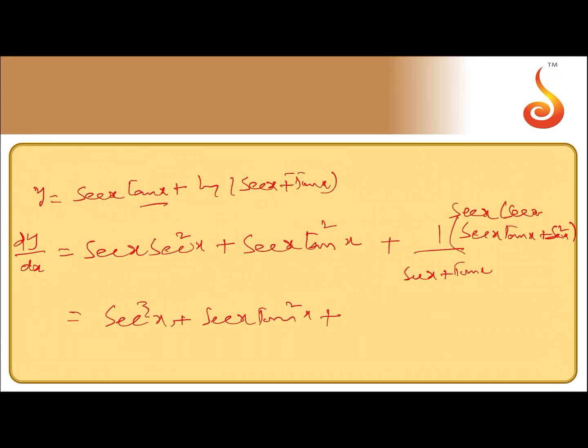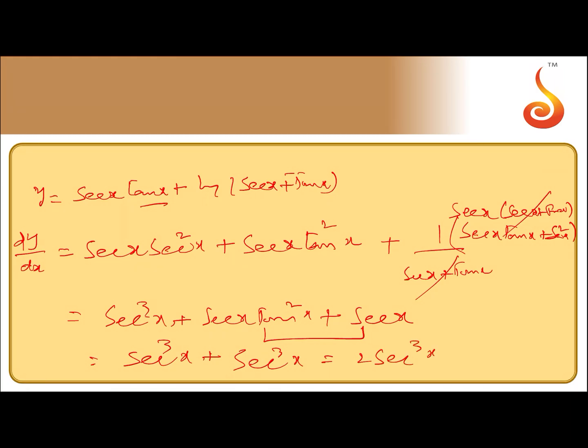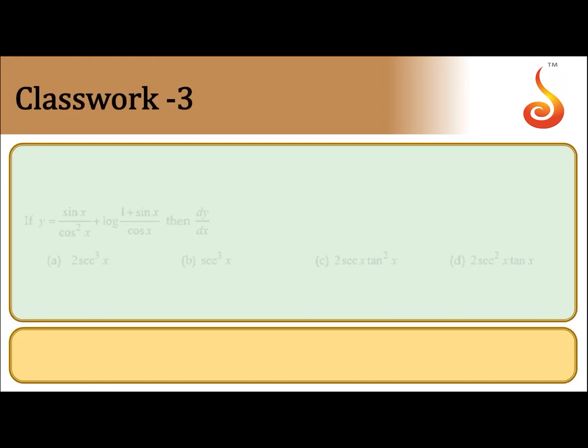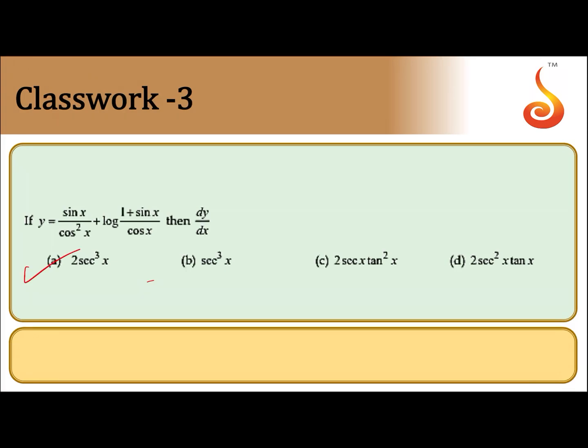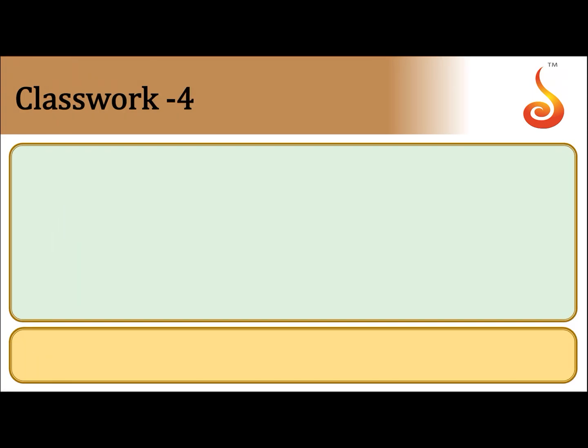When you take out the common factor, it is secant x plus tan x, so those two get cancelled and we get secant x. From these two, when you take out the common value, 1 plus tan square is secant square, so you get secant cube x. So 2 times secant cube x is the answer for the problem.